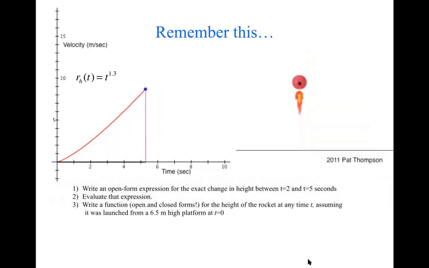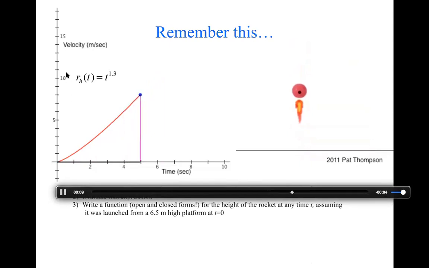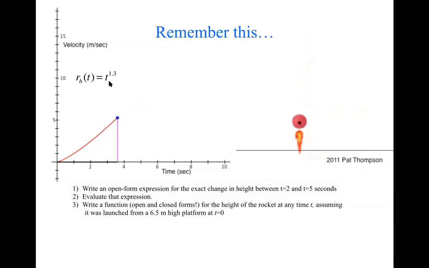So the exact change in height between 2 and 5 seconds is just integrating r sub h of t between 2 and 5. And then we talked about how we could write the closed form of this by finding what's called an antiderivative, undoing a derivative. So if this is the derivative of something, it'd be a derivative with t to the 2.3 power in it.